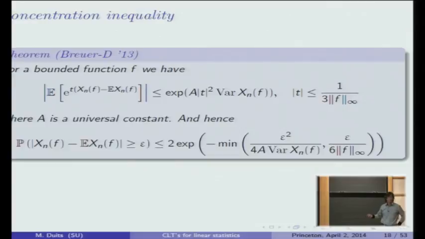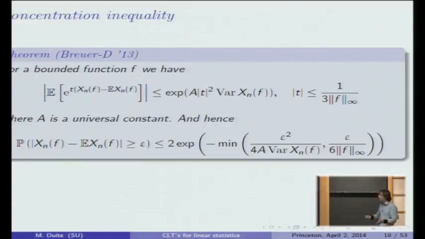It's large in our paper, but it doesn't matter. It's like 10 to the 10. It doesn't depend on any of the parameters in the problem. And t is a parameter, it can be complex, and it's very small. It has to be smaller than 1/3 times the sup norm of f. But I don't need any assumption on f other than the fact that it's bounded.